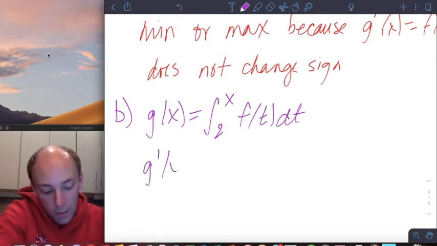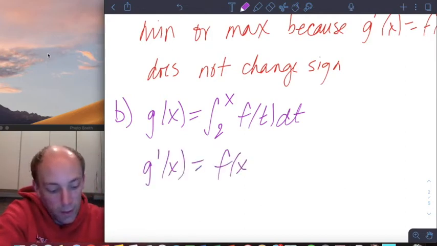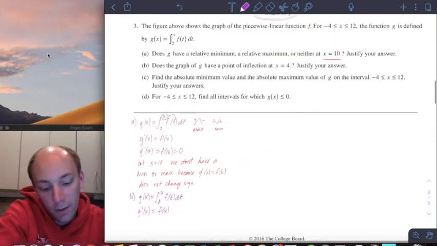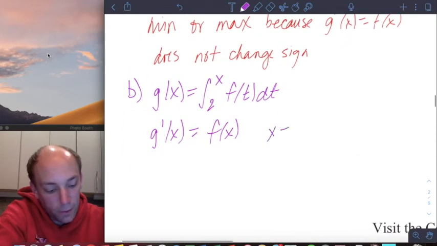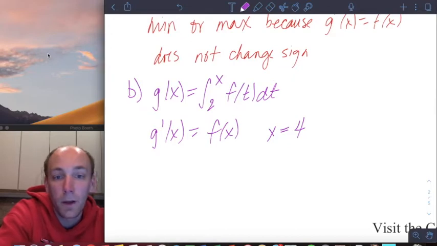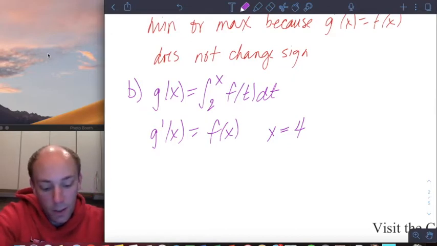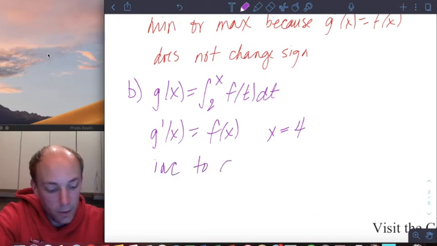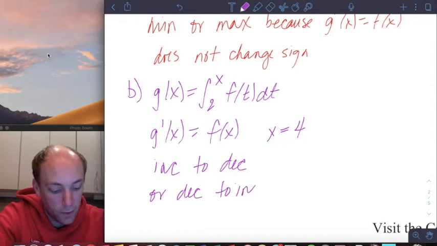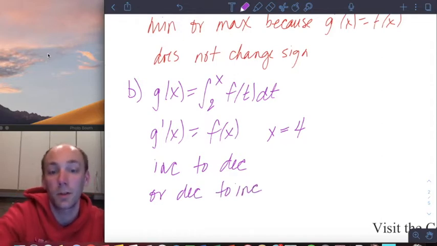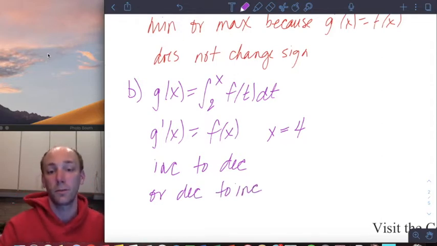So g prime of x is equal to f of x. So for f of x, I need to look at x equals 4. Okay? For the first derivative, we're looking for where I change from increasing to decreasing, or from decreasing to increasing. That would be where your points of inflection are. This is for the first derivative, right?